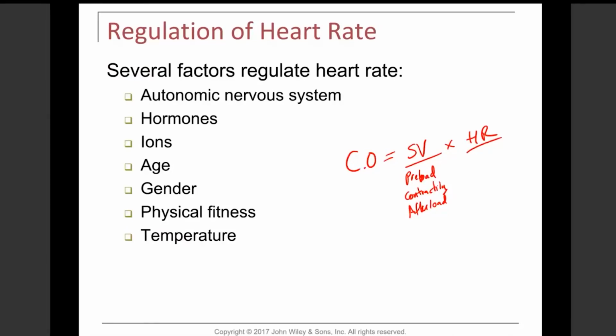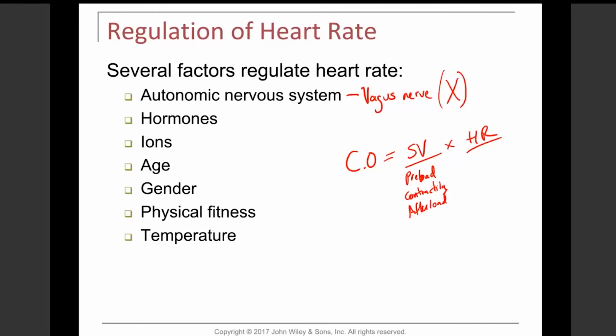Your autonomic nervous system, it doesn't set your heart rate, but it can control it, right? So involuntarily, you can regulate your heart rate by parasympathetic and sympathetic innervation. The vagus nerve, right? That comes to mind. Think about that. Vagus nerve. Keep that in mind. And different hormones, right?